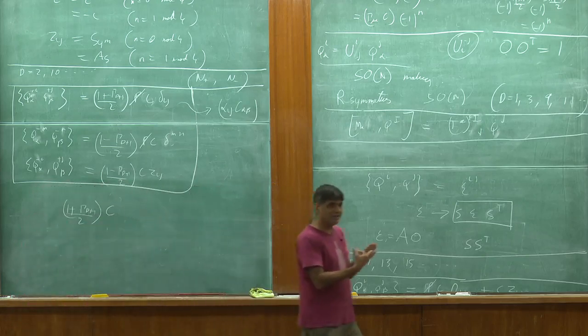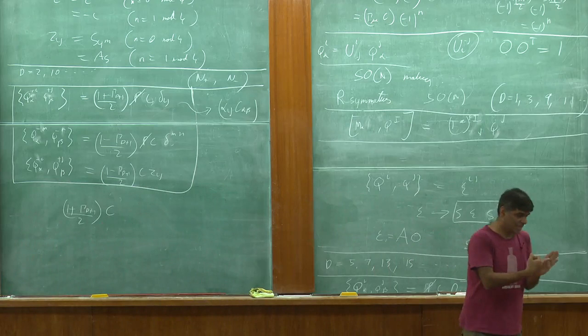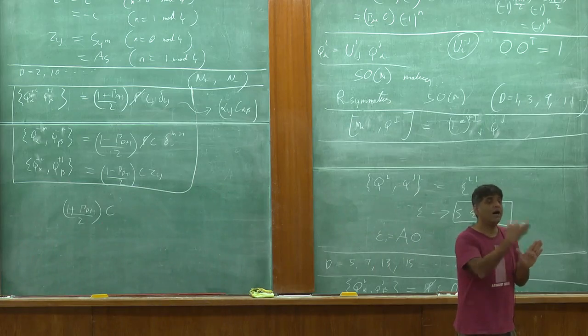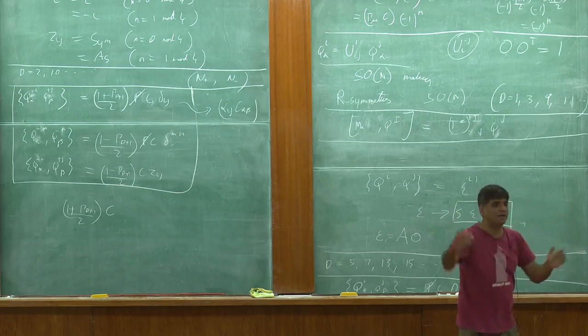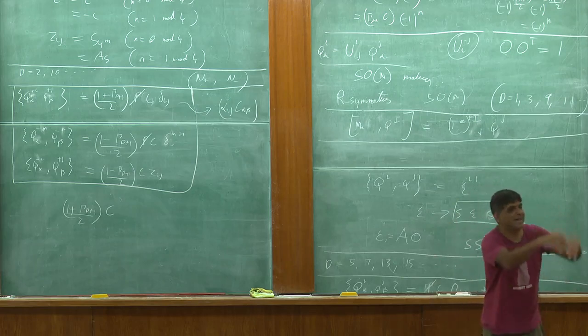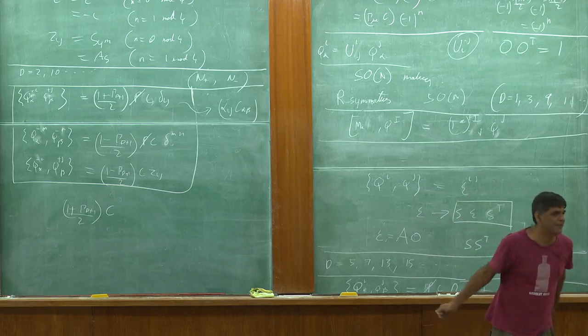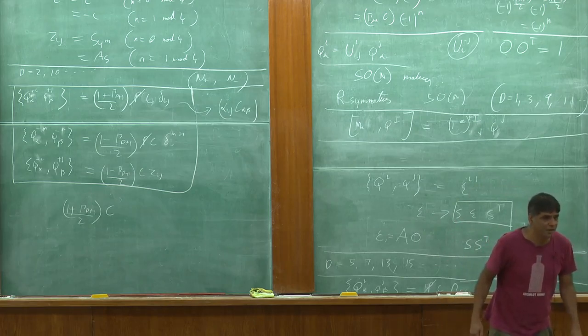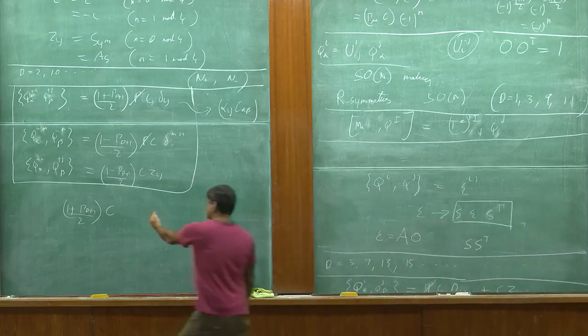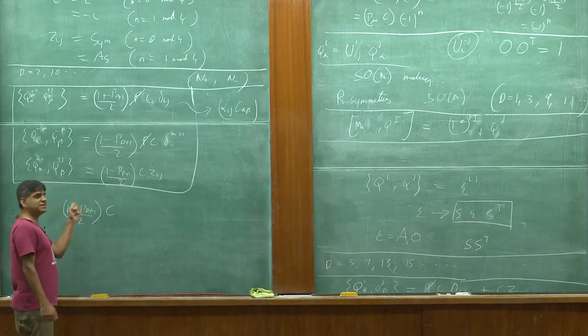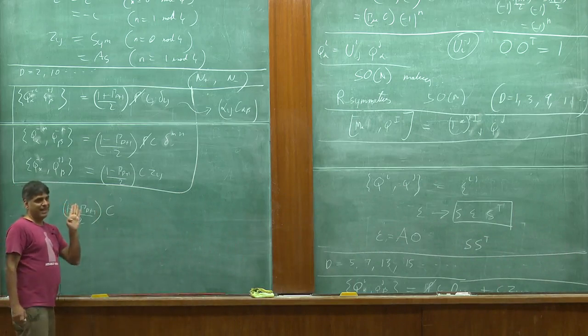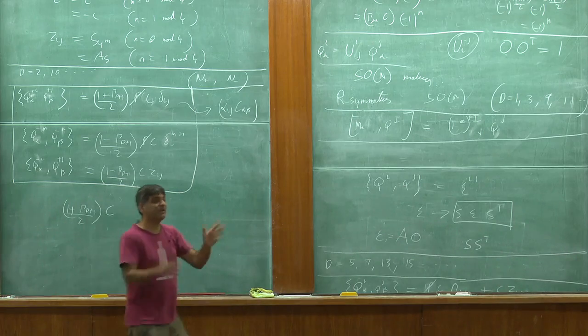Gamma d plus 1 was the product of gamma matrices, gamma 1 to gamma 2n, times some i to the power something, which will play no role. Now when I take this C through this, it transposes each one in this and picks up a phase, but the phase appears an even number of times.